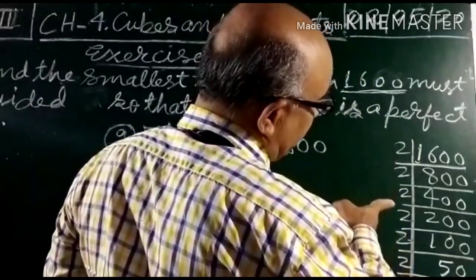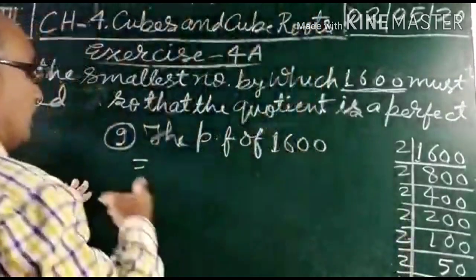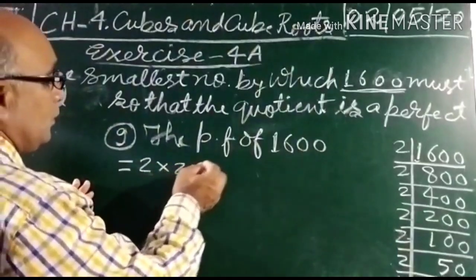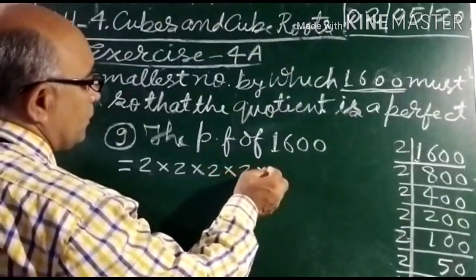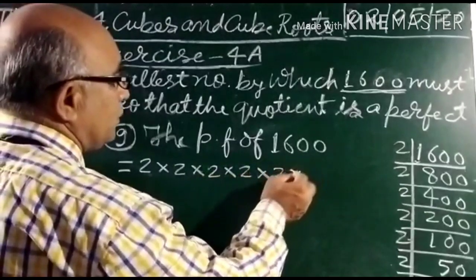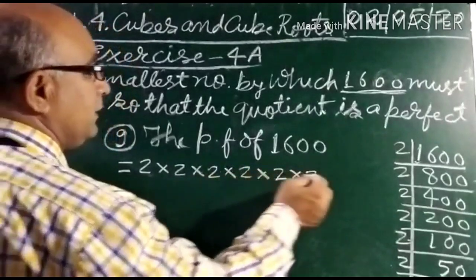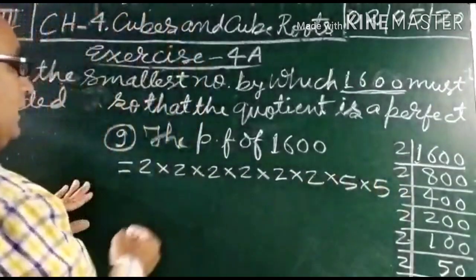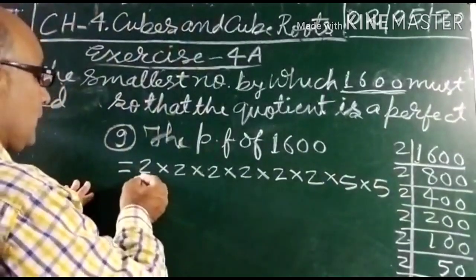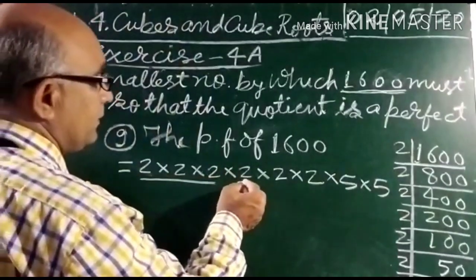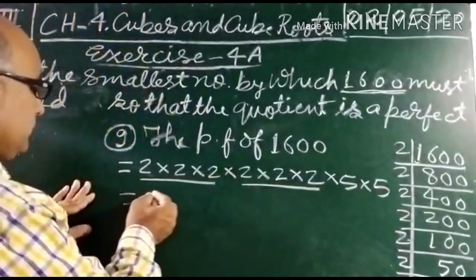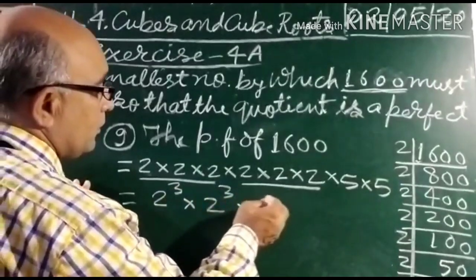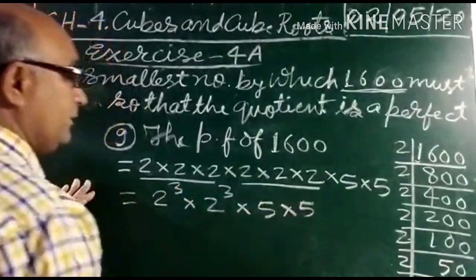So 1, 2, 3, 4, 5, 6 times 2 multiplied with each other: 2 into 2 into 2 into 2 into 2 into 2 into 5 into 5. 2 into 2 in a pair, 2 into 2 in a pair. So 2 cube into 2 cube into 5 into 5.